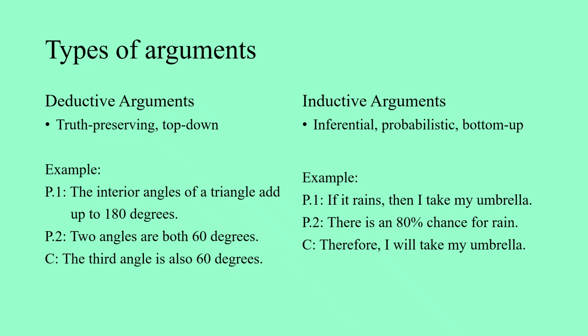But if it ends up not raining, then it seems like I violated my first premise, which is if it rains, then I take my umbrella. So inductive arguments are different from deductive ones because the conclusion doesn't always follow from the premises, but we can still evaluate the arguments based on probabilities that end up making us believe that the argument is either strong or weak.